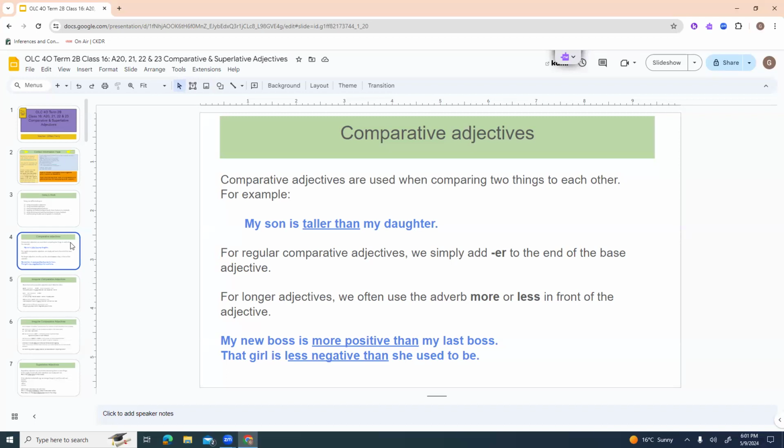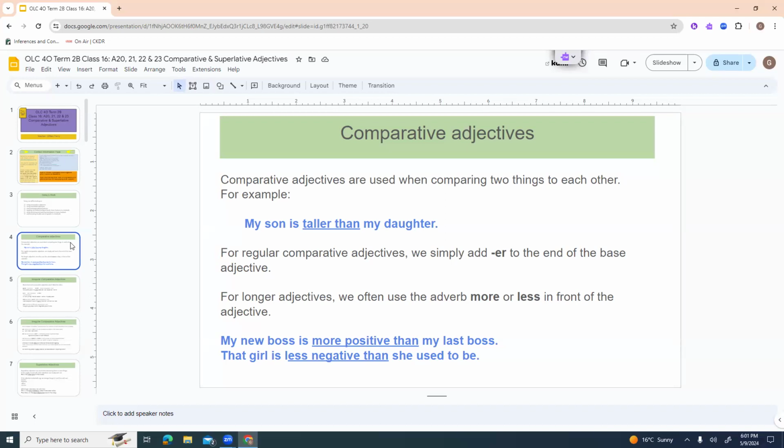For longer adjectives, in other words, when the word is longer, 2 or 3 syllables, we usually use the adverb more or less in front of the main adjective. My new boss is more positive than my last boss, because positiver sounds kind of silly.